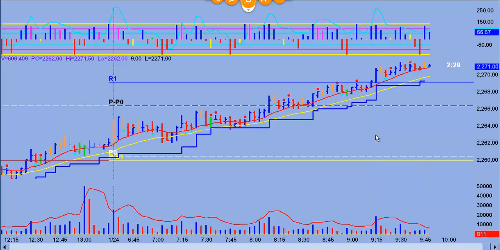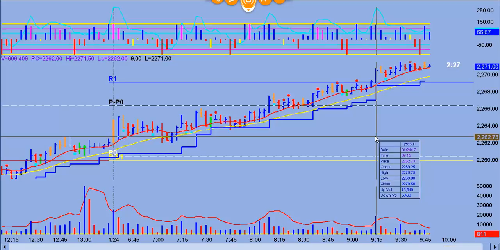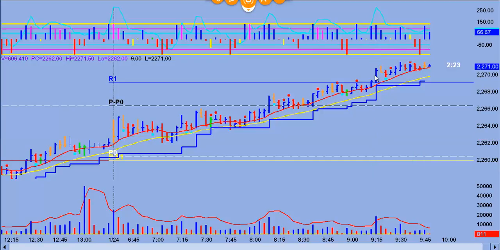And you asked me if this should have been stopping volume, and again, we talked about this before you asked this question. When you get this kind of volume in this red light district here, odds are it's going to cause the market to absorb it. And it's taken 1, 2, 3, 4, 5, 6, 7, 8, 9, 10 bars now, 30 minutes to absorb this volume.